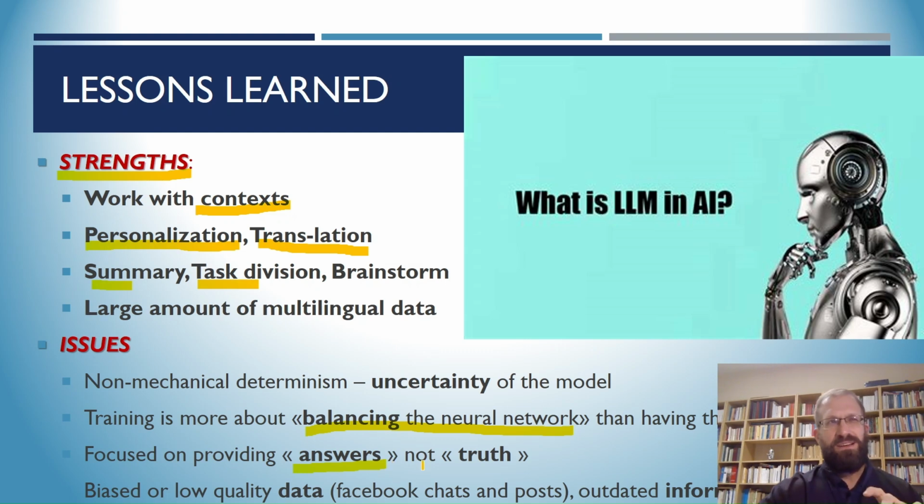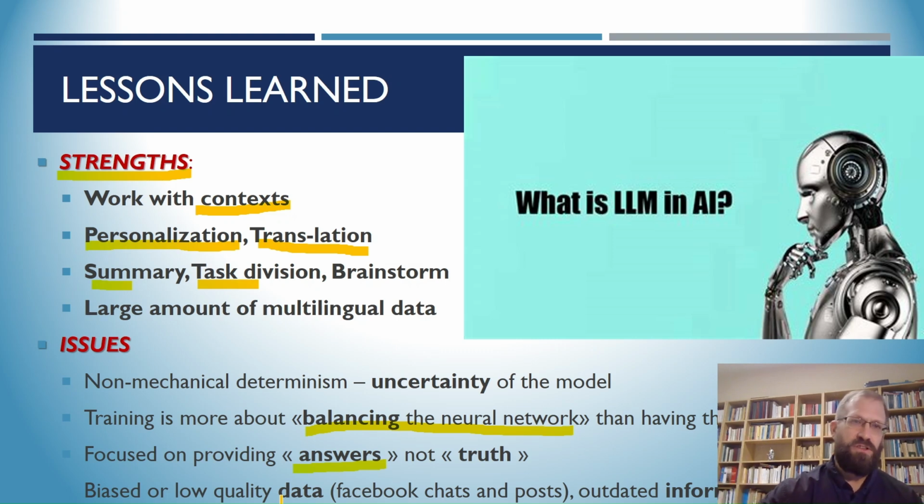But it's not reasoning about the true meaning of the words. It's only about giving a good answer to the question in a certain context. Also, the problem is that the data is very large, but it's often biased or low quality. For example, Facebook chats and posts, and sometimes the information is outdated.